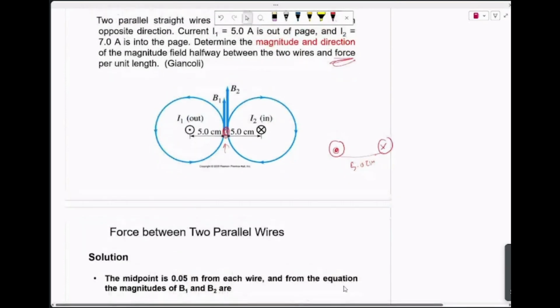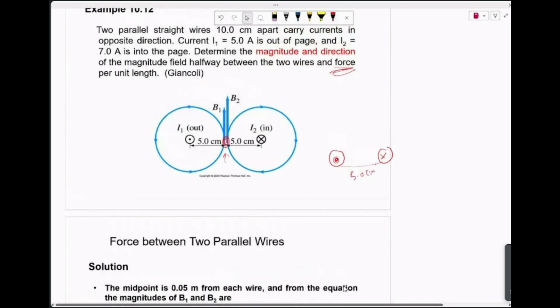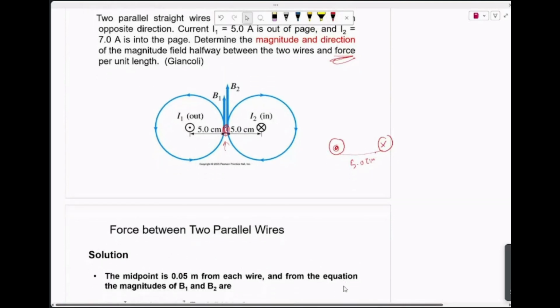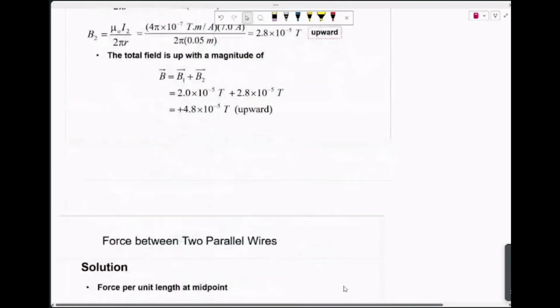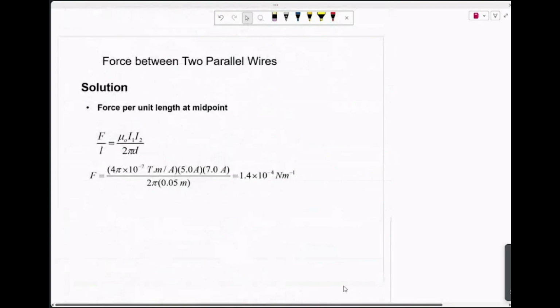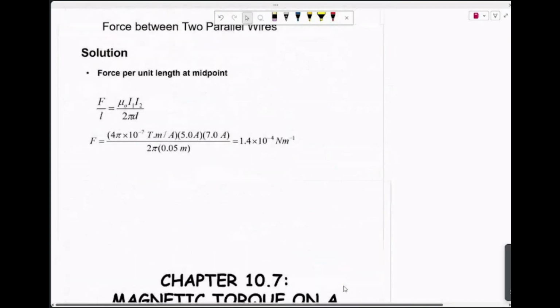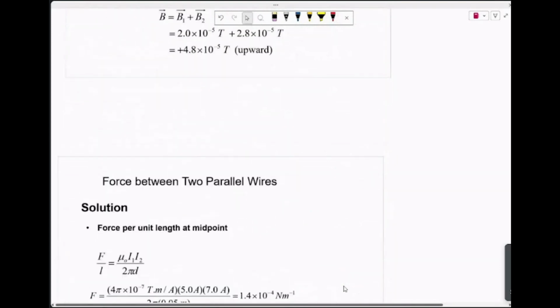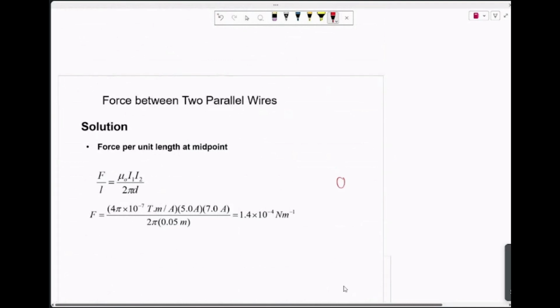I think the solution is wrong. For force per unit length, we need to have a current, but they don't provide the current. But if I were to tell you what the solution meant, it meant that one of the wires is moved towards the midway, so that the distance is 5 centimeters.